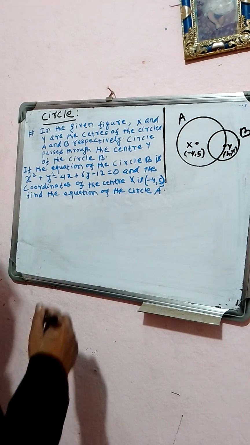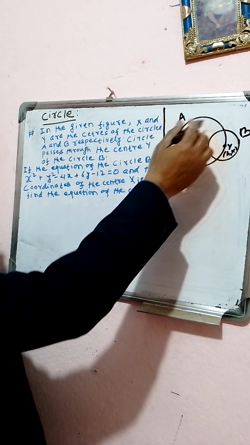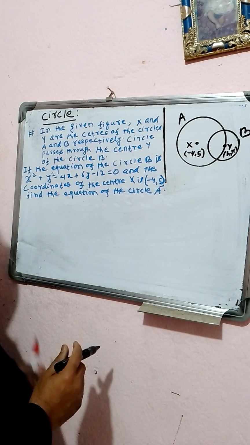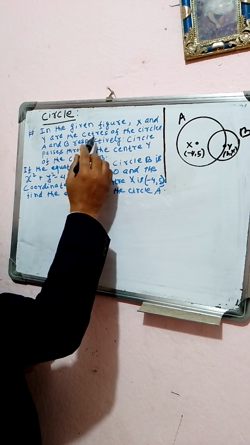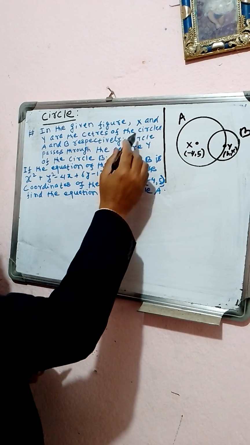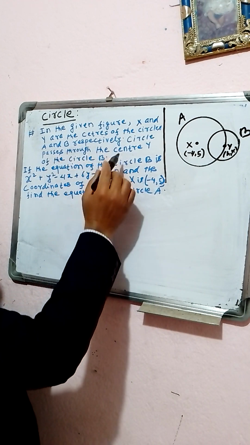So here I am going to solve a problem from circle. You can see the situation in the figure. The problem states that in the given figure x and y are the centers of the circles A and B respectively.